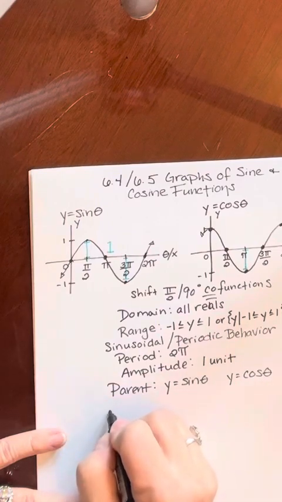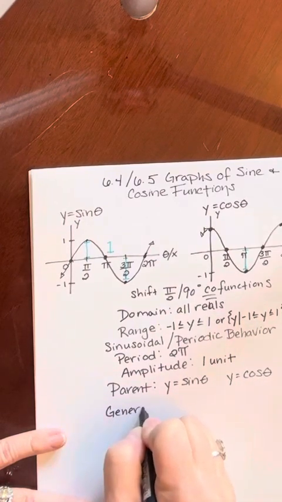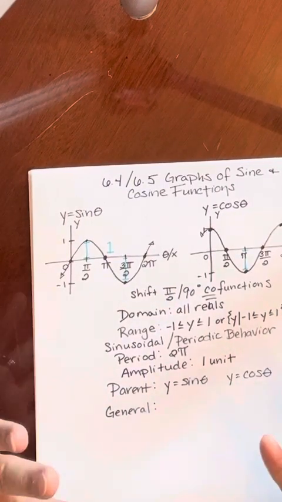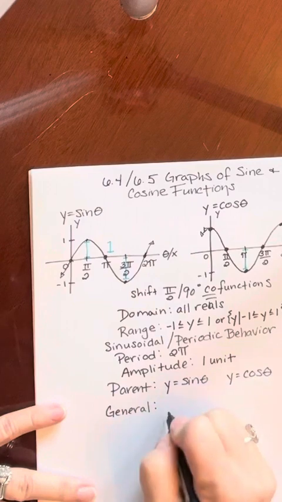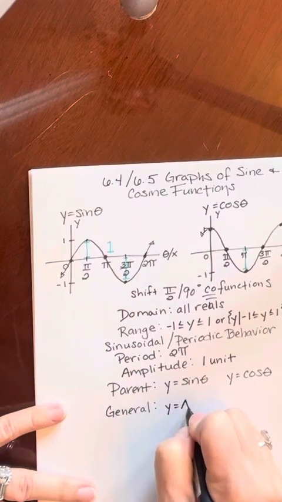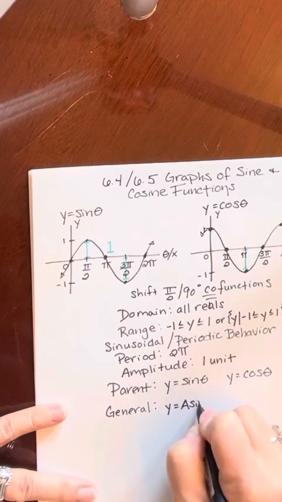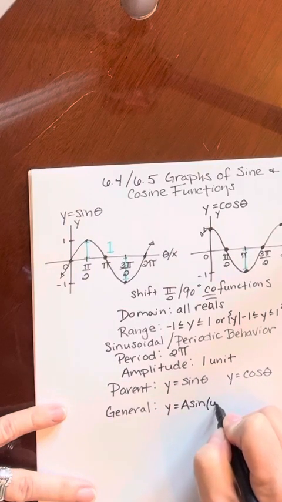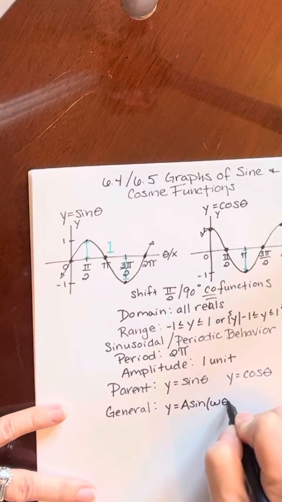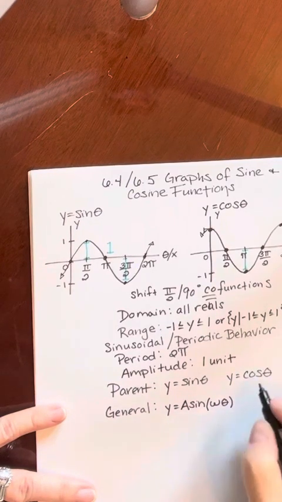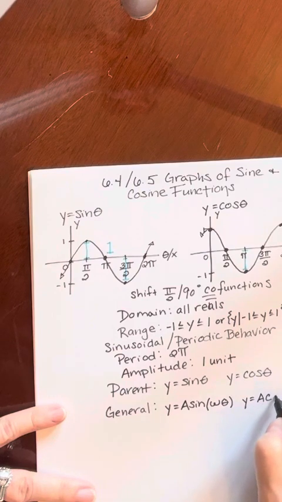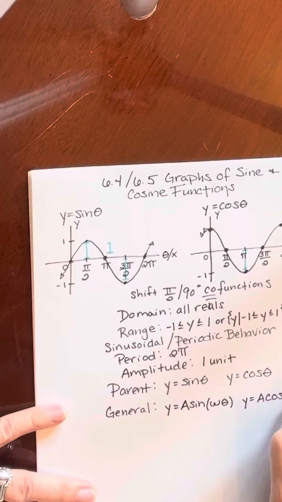The general form of these functions, so when we can put in some shifts or reflections, we have y equals capital A sine omega theta, with a Greek letter, lowercase omega. And then we have the same for cosine. Y equals capital A cosine omega theta.